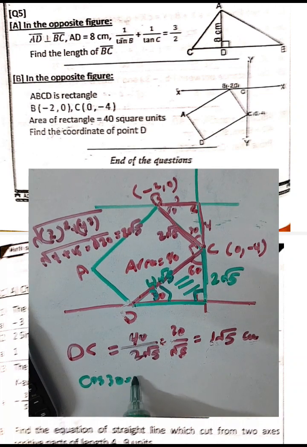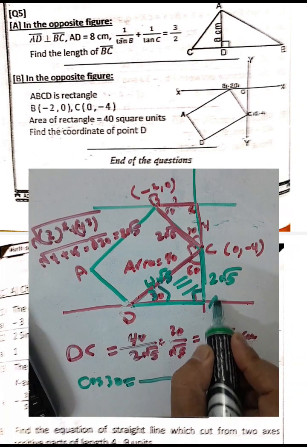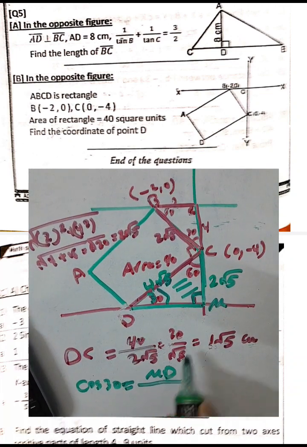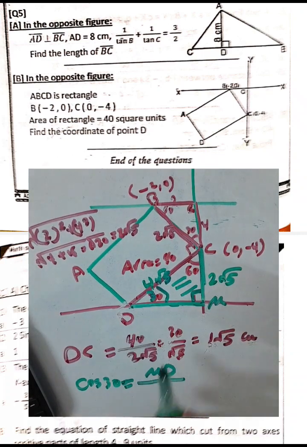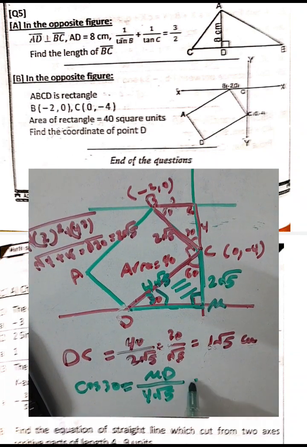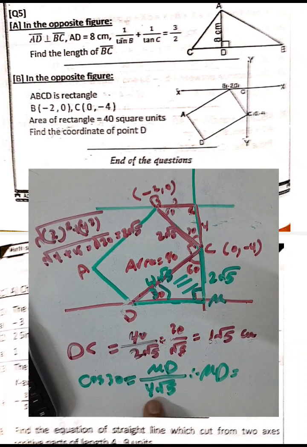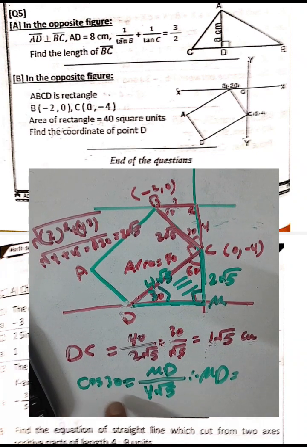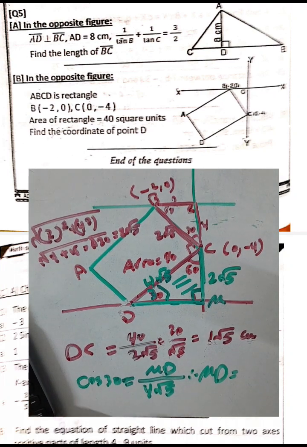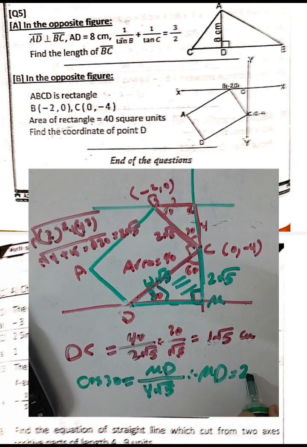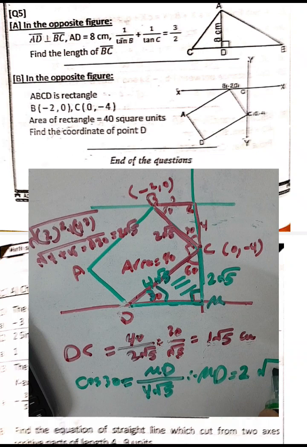Cosine 30 equals adjacent, I will put here MD, adjacent over hypotenuse 4 root 5. Then MD, you can find the length of it, right? 4 root 5 times cosine 30, the product of them will be 2 root 15.